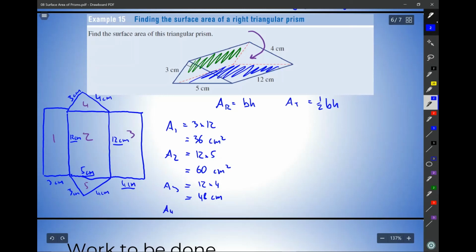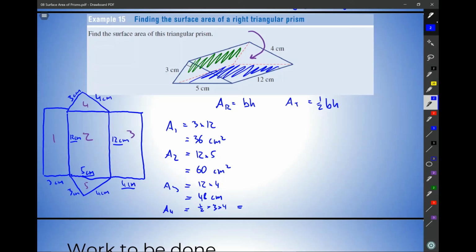Area 4 is now the triangle, half times 3 times 4, which I've run out of room a little bit.